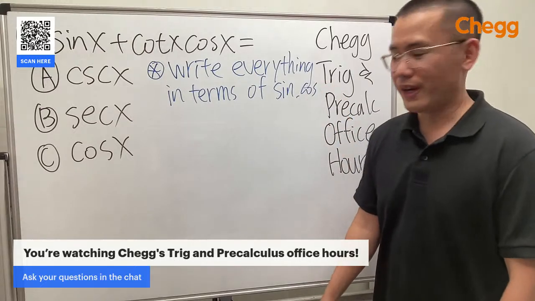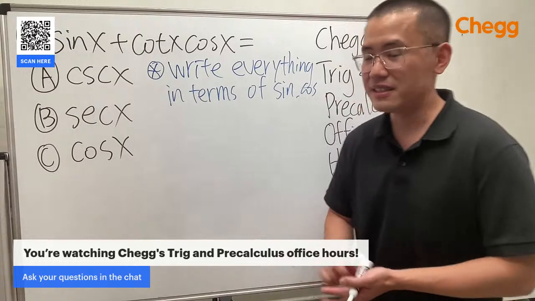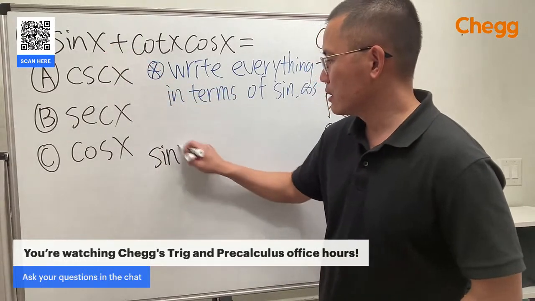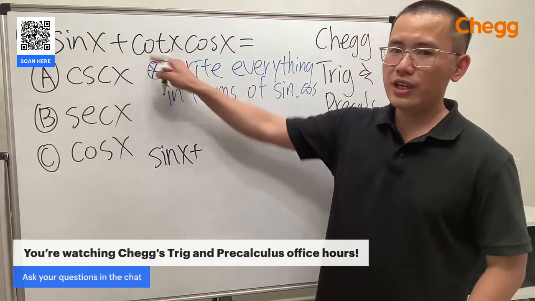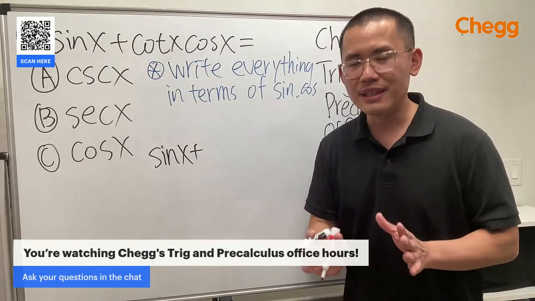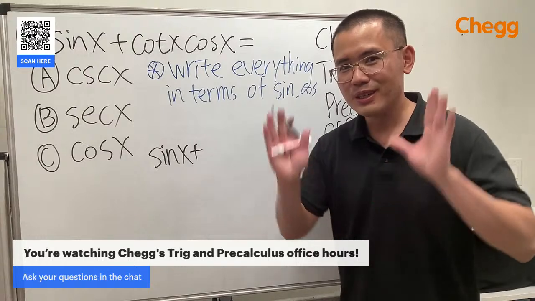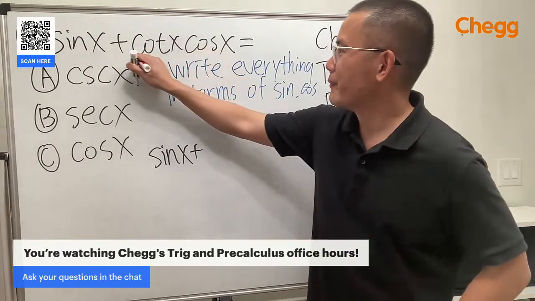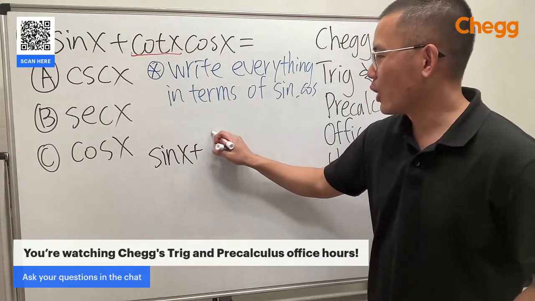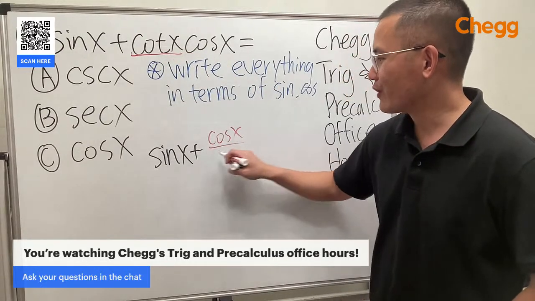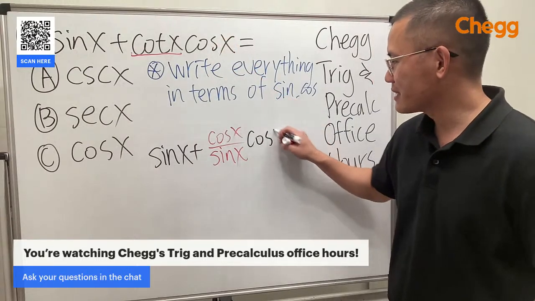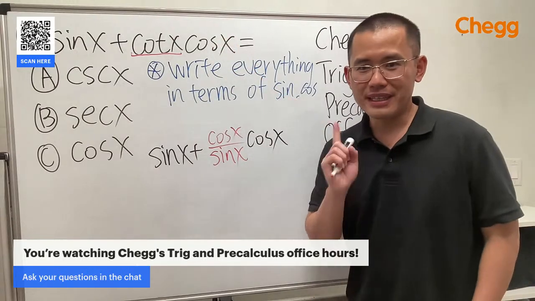Usually they'll work really well, and then of course you have to use other identities. So if you look at the first thing, we have sine x right here already. Cotangent, you have to know your identity. Cotangent is cosine over sine. So this right here, go ahead and write it as cosine x over sine x. And then right here we have another cosine x. So that's the first part.